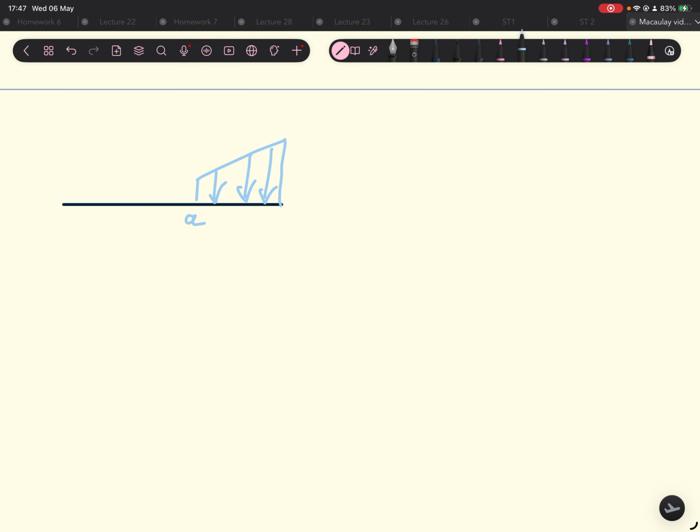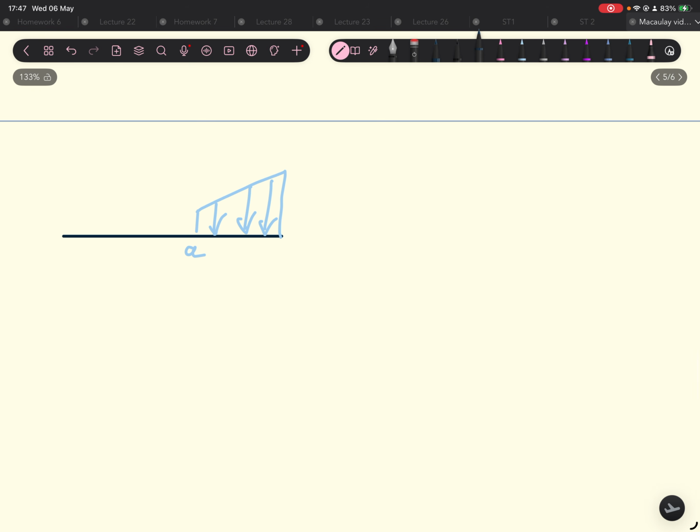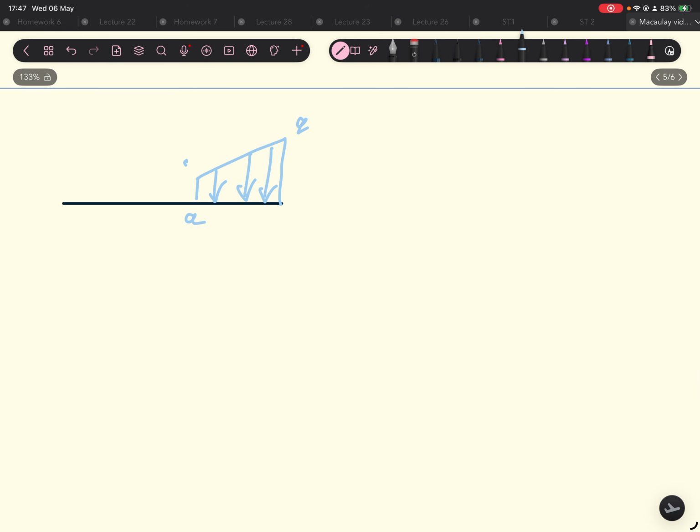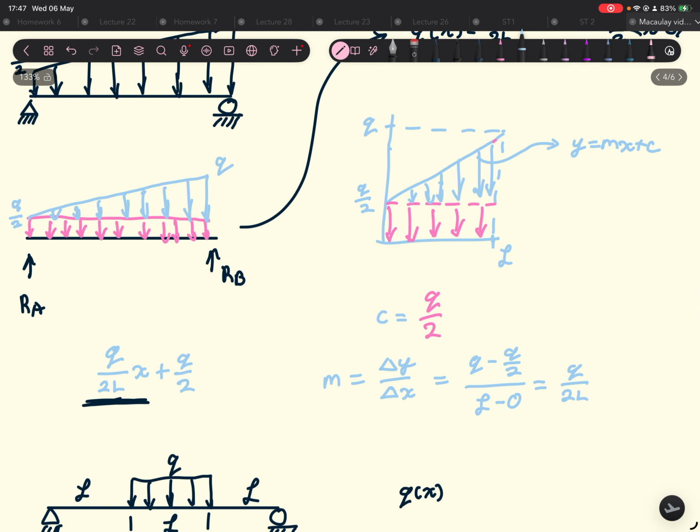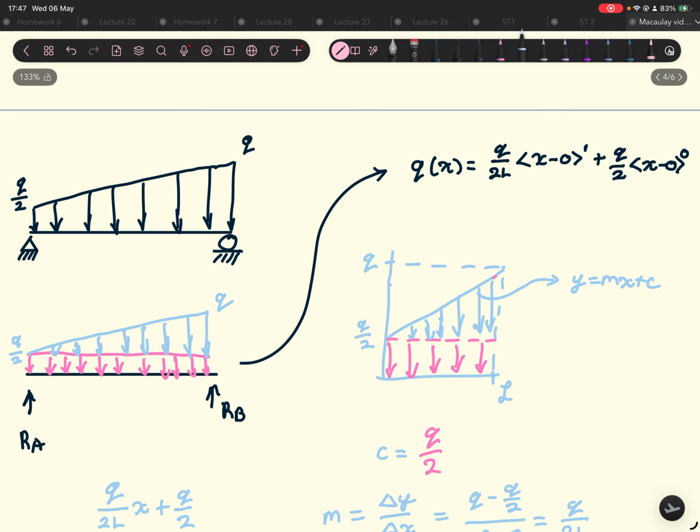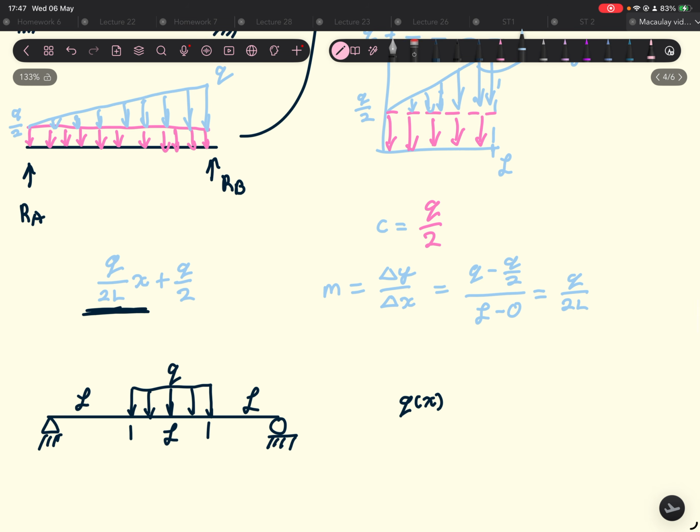Let's call it A. So let's say it starts at A. Your Macaulay brackets are going to look a bit different. So let's say that's still Q over 2, and let's assume that's still L. So let's assume that the function itself doesn't change. It was just shifted now, right?